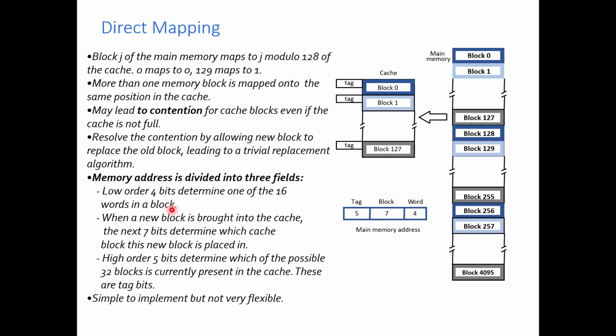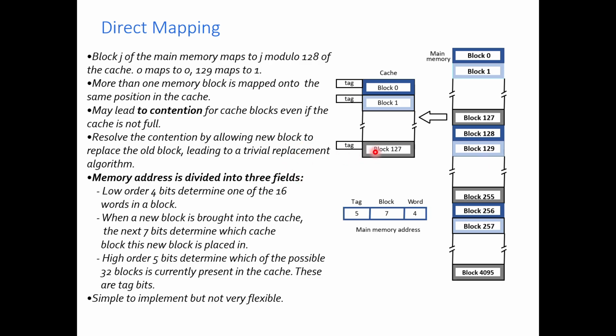The 4 bits represent the 16 words in a block. Then the 7 bits identify one particular block; we have 128 blocks, so we use 7 bits. Then the tag is for identifying which blocks are available or occupied, and that can be represented using a 5-bit tag. So this is the way we do direct mapping.